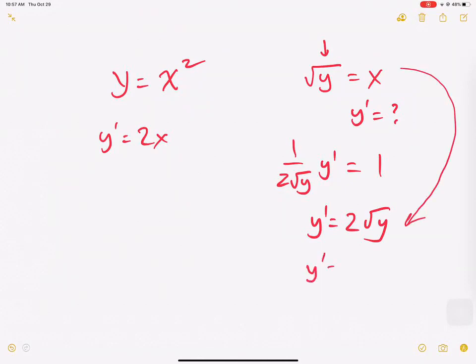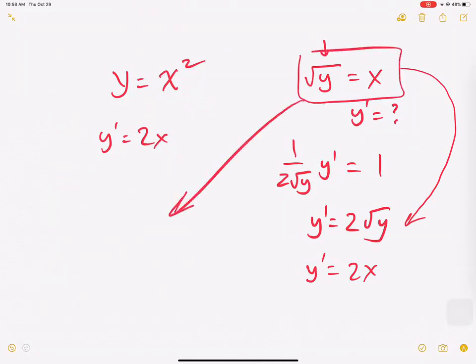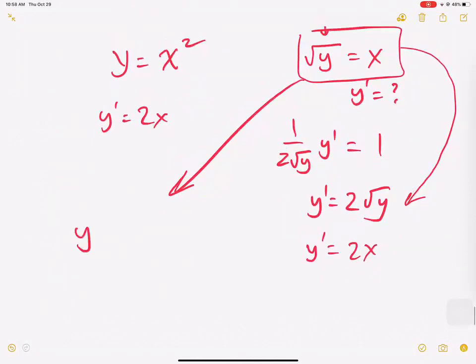So y prime is still 2x. So if I gave you this problem, you could have rewritten it. If I square both sides, isn't y equal to x squared? And then we have this super easy problem to do. If you can solve for y, solve for y. Great, do it. I'm not holding you back.